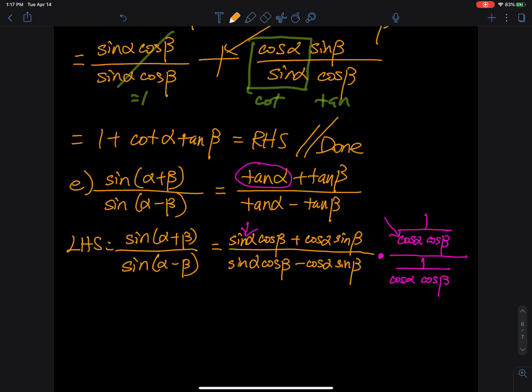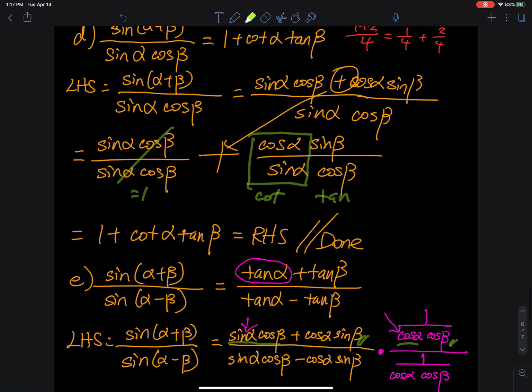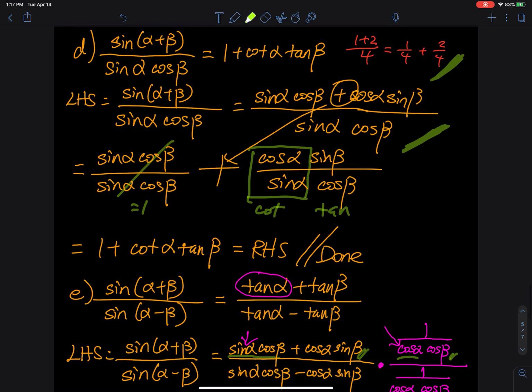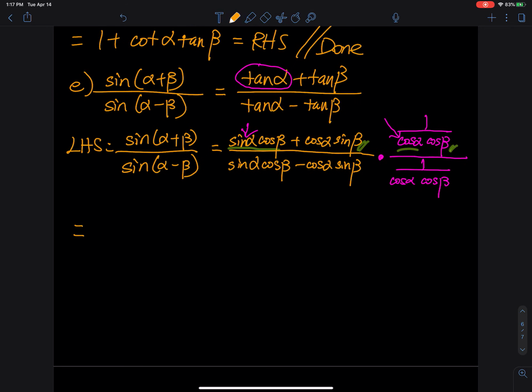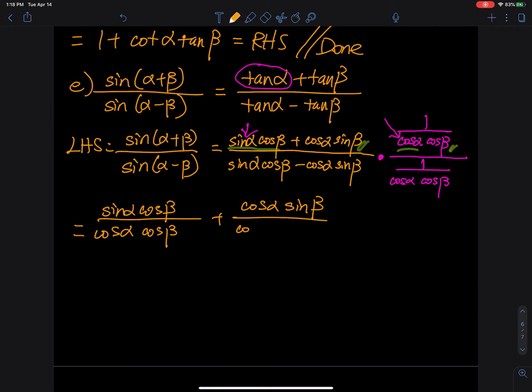So this one I have this term divided by this, and then this term divided by this, divided by that, just like what you did right here, using this concept. Okay, back to orange. So I have sine of alpha cosine beta divided by cosine alpha cosine beta, and then plus cosine alpha sine of beta divided by the pink denominator.